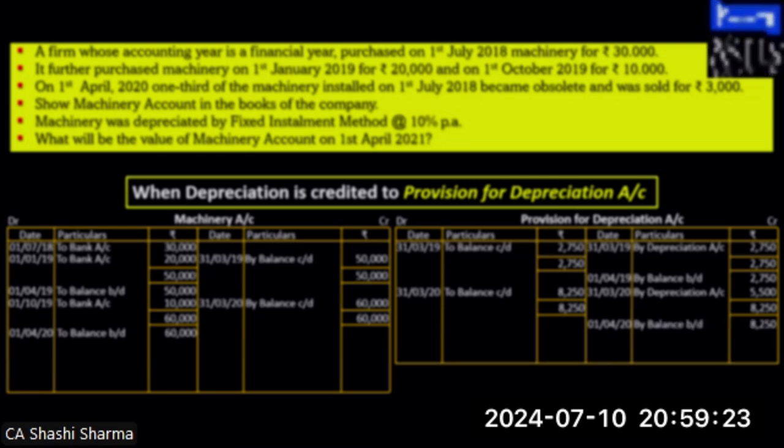And now a piece of machinery, one third actually, has been sold. So when you sell the machinery, then you have to bring the depreciation of the machinery being sold to the machinery account.